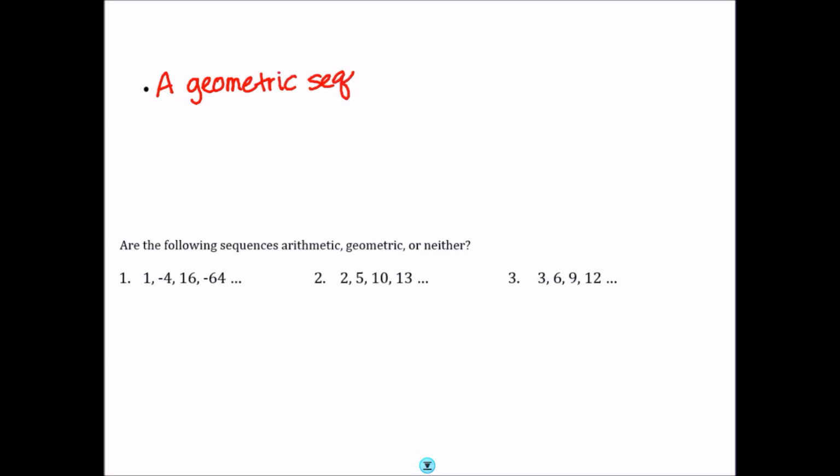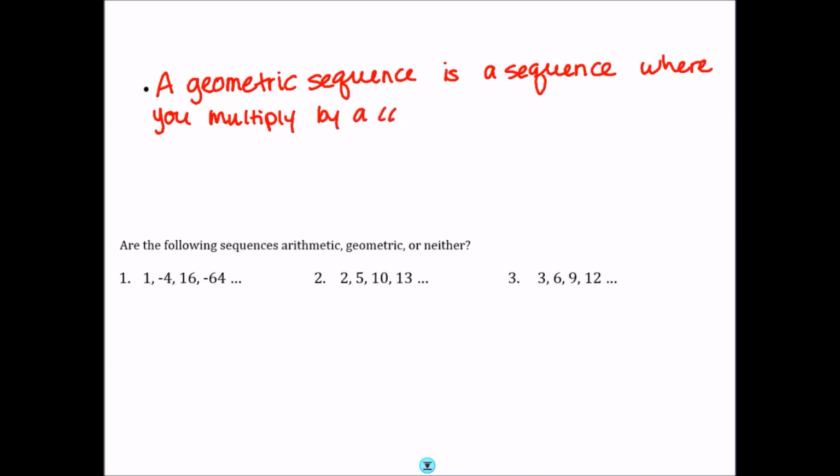So a geometric sequence is a sequence where you multiply by a common ratio to find the next term.